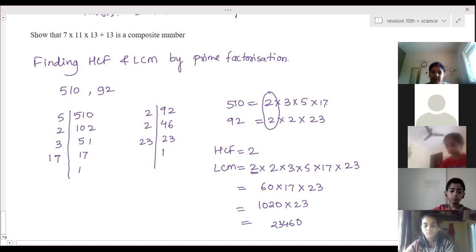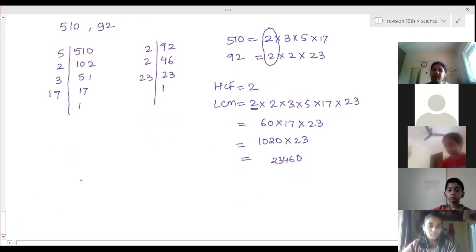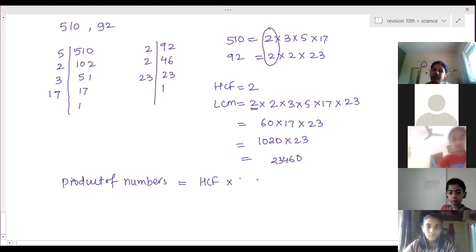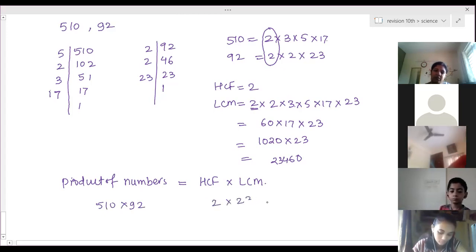Now you can verify this. For two numbers, you have the relation between HCF, LCM and the numbers: the product of the two numbers is equal to the HCF of those two numbers into the LCM. This is only applicable for two numbers. So 510 into 92, and here HCF is 2 and LCM is 23,460.